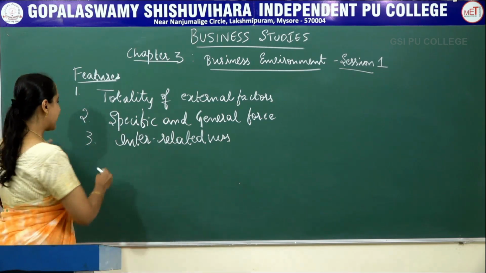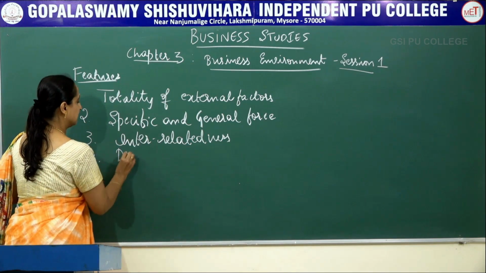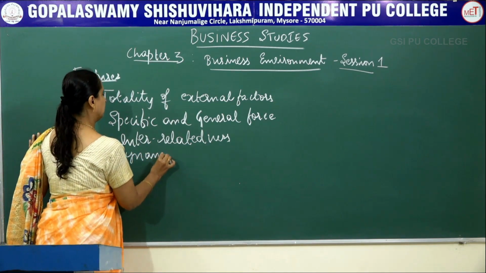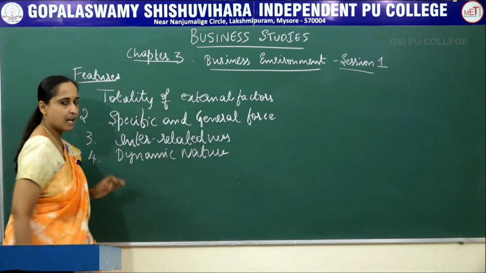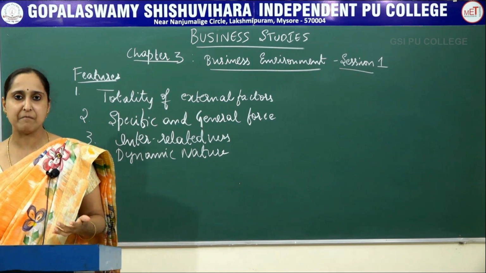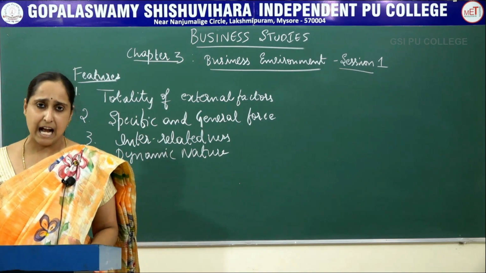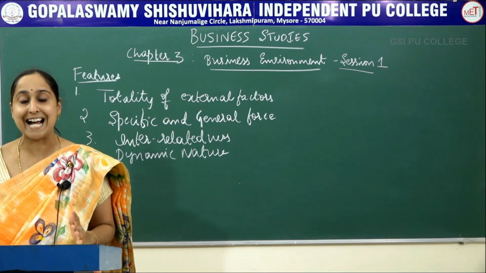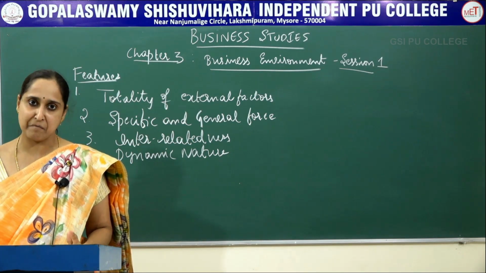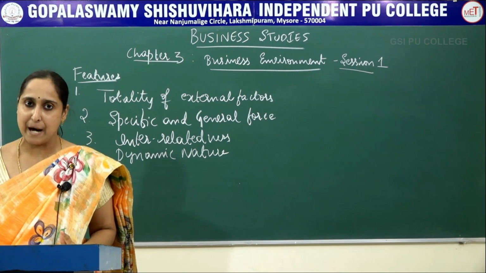Next one is dynamic nature. External environment or the business environment is highly flexible and it keeps on changing. So business has to continuously monitor and scan the external environment in order to survive in the market.